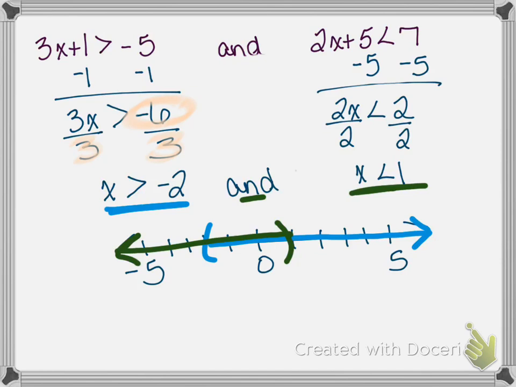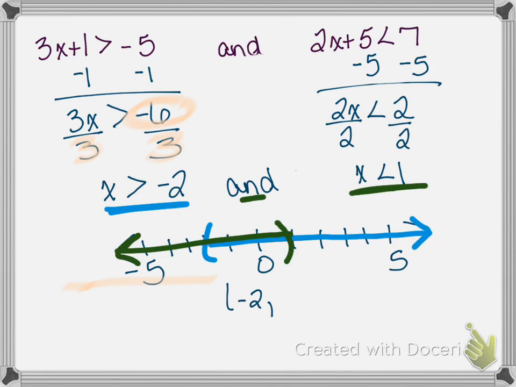moving on the number line from left to right. I start here at negative infinity, do I have both? I don't have both. When do I start getting both? At negative 2. Okay? Negative 2 comes first because it's smaller. It's further to the left on the number line.